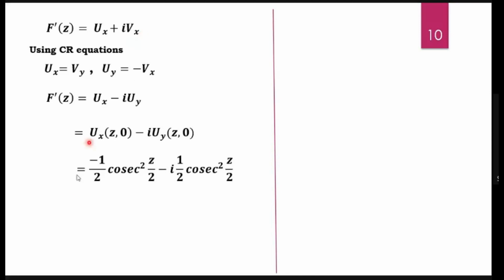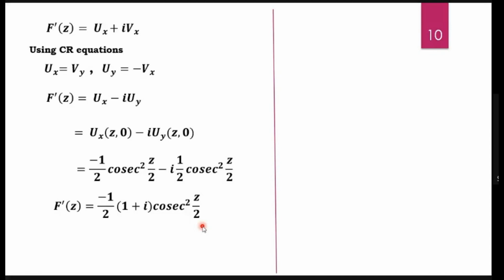Ux was minus half, uy was plus half, and already you have a minus sign here. That is why minus I into half cosec square z by 2. So I can take minus half cosec square z by 2 common. So I can write minus half तो यहाँ पे 1 बचेगा, यहाँ पे प्लस आई हो जाएगा इंटू कोसेक स्क्वायर z बाई 2.